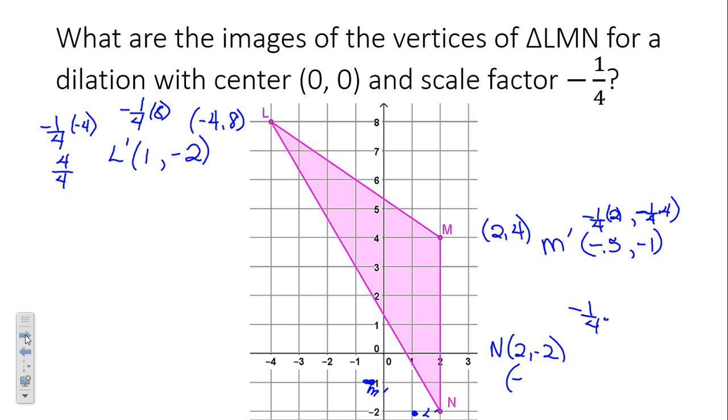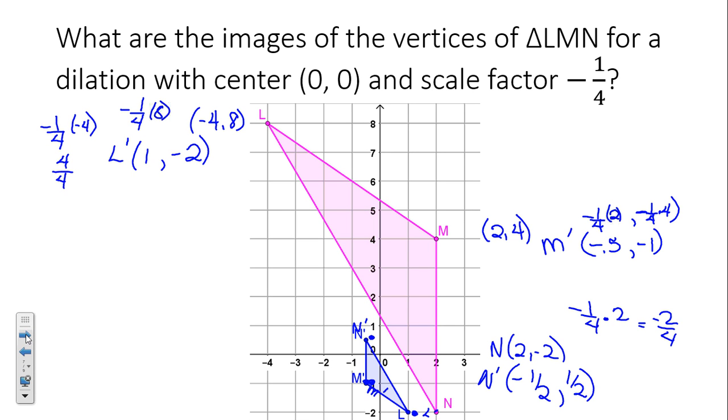Negative 1/4 times 2 is a negative 2/4, which reduces to negative 1/2. And a negative times a negative will be positive, so when we take negative 2 times negative 1/4, we get 1/2. So my N prime is negative 1/2, 1/2. So 1/2 back, 1/2 up, there's N prime. Okay? Connect the dots, and when you're done, it'll look like that.